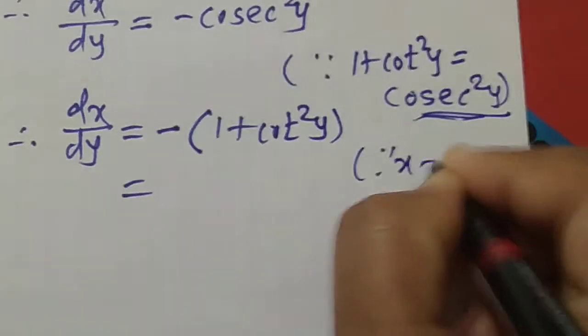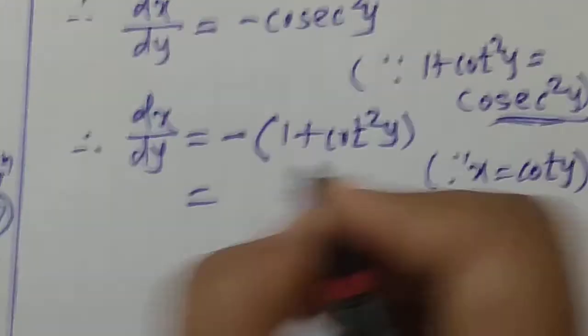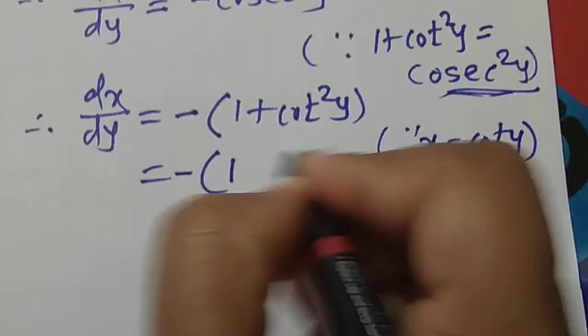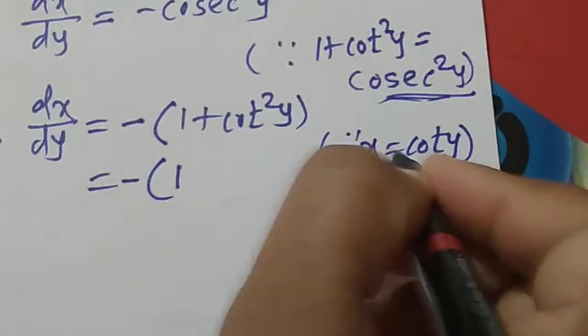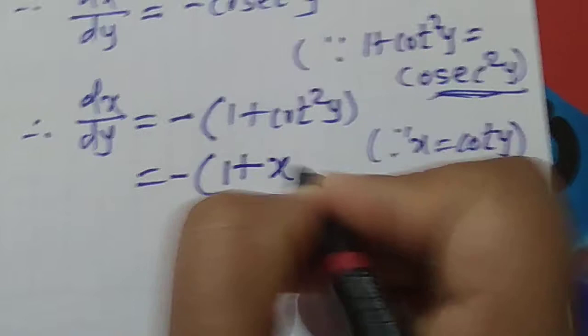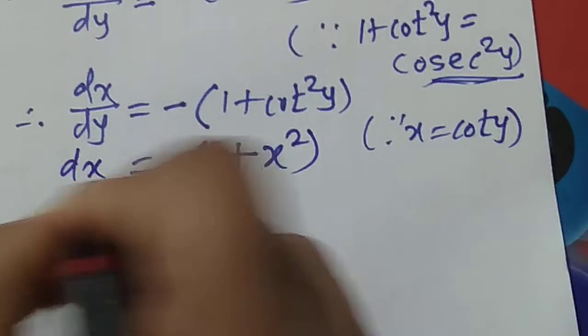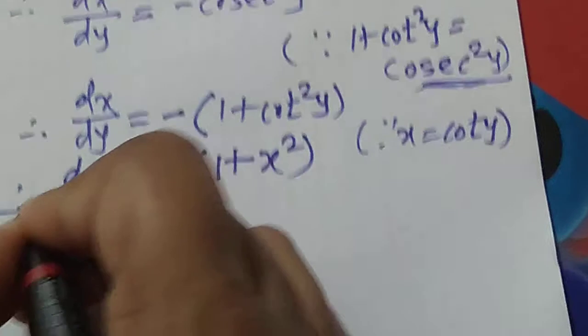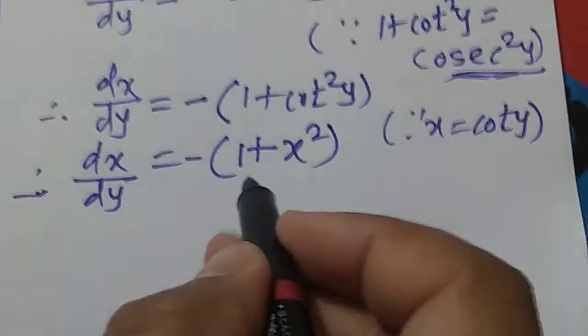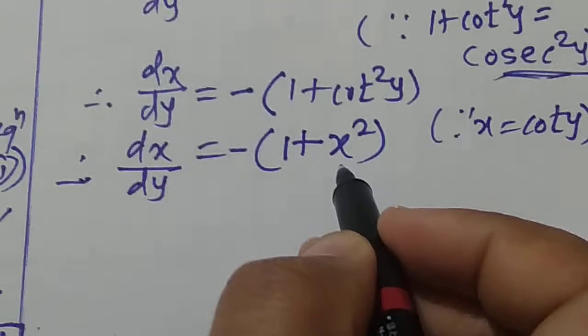Therefore cot y means x. Therefore here we can put the value of cot y, that is x. Therefore 1 plus x square. Now we got dx upon dy is equal to minus in bracket 1 plus x square.